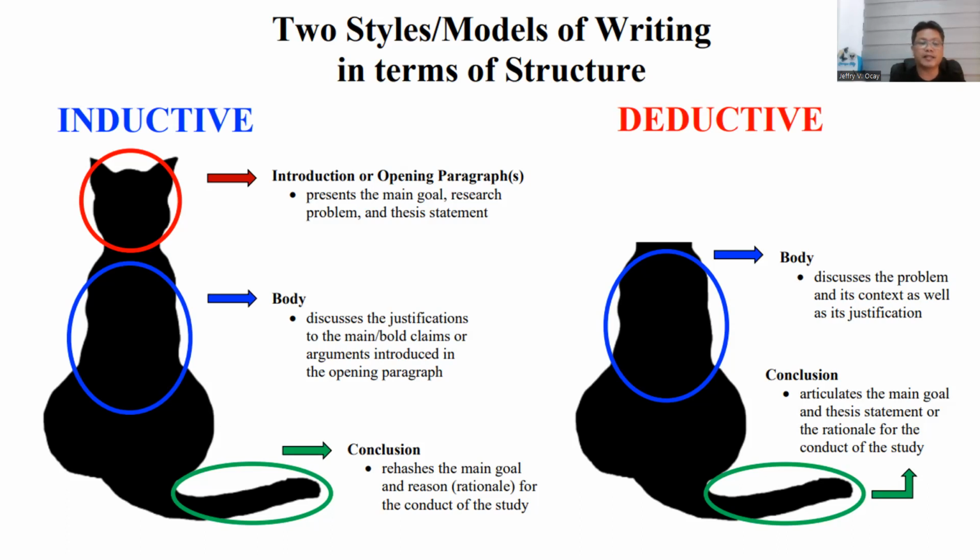As you can see, the thesis statement that you need to articulate in the opening paragraph is in a form of an argument or a contention or the main position of the thesis. So you have bold claims, or you have a huge claim, in the opening paragraph. What you need to write in the body using the inductive style of writing are the justifications to those claims.